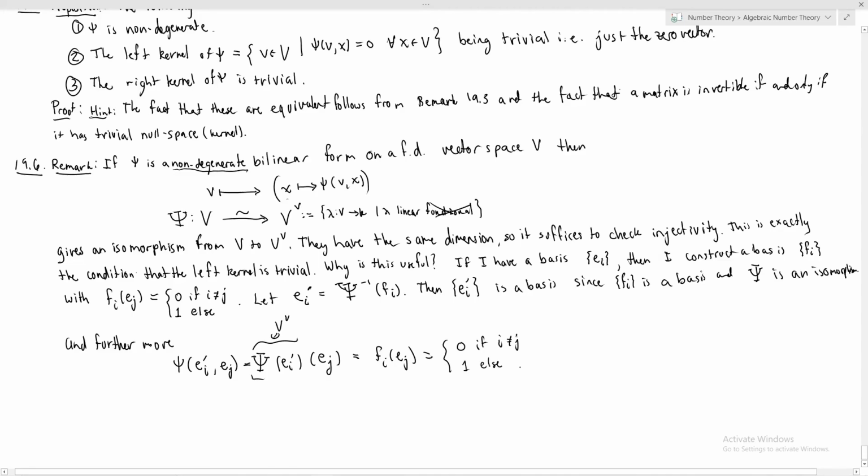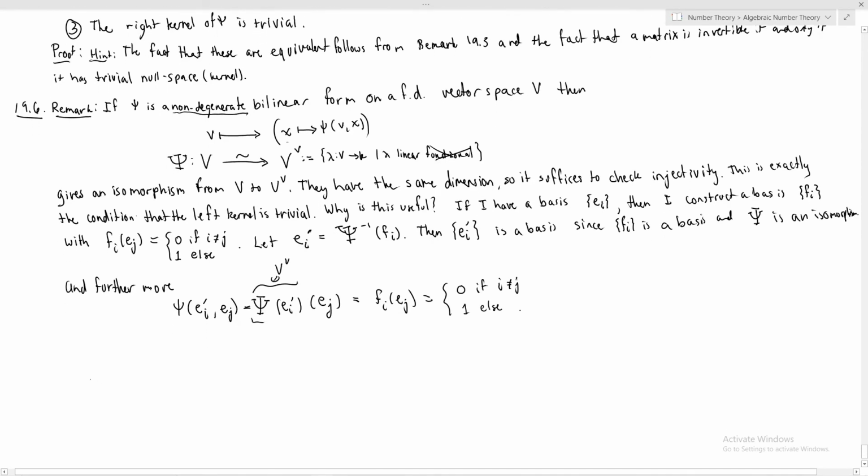So what conclusion can we draw from this? This is going to end up being really useful in our proof.